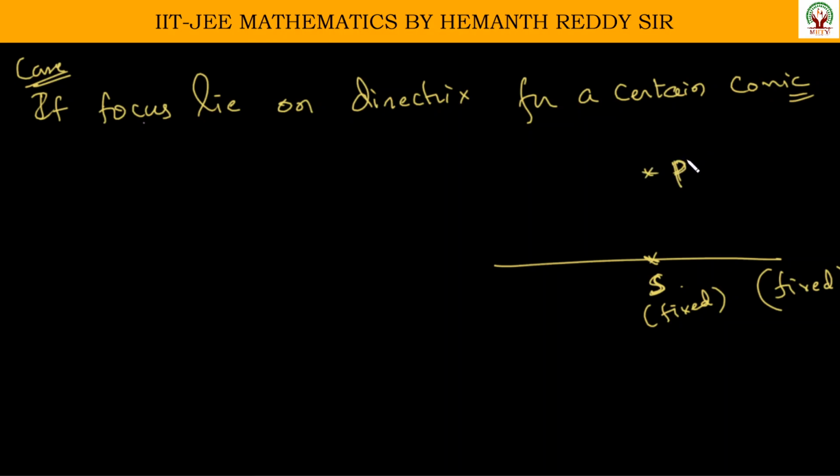Okay, 1 minute ఆలోచించండి. Because conic sections ఇలా నేర్చుకున్నప్పుడు అంటే intuition, visualization తో నేర్చుకున్నప్పుడే conic sections ఈజీగా ఉంటుంది. If I keep on teaching you and you keep on listening, that will be no use. What if focus lies on directrix? So, in general, I'll take a variable point in this case. What can be the possible locus?